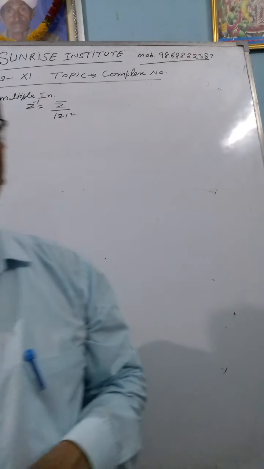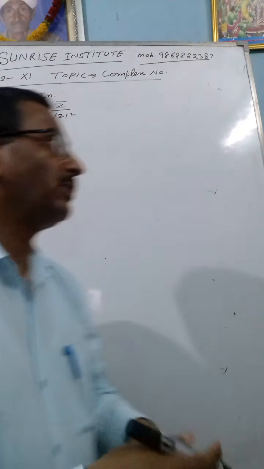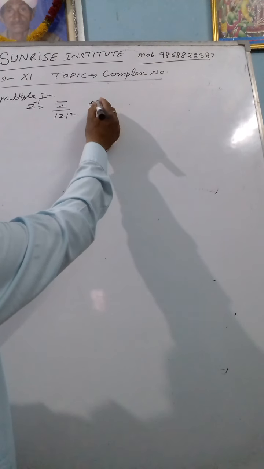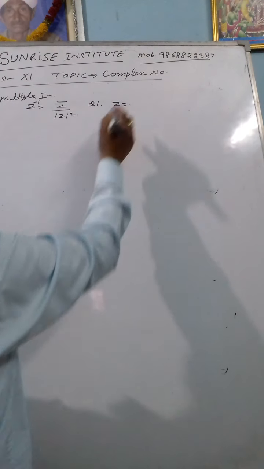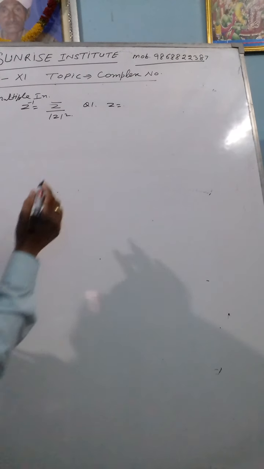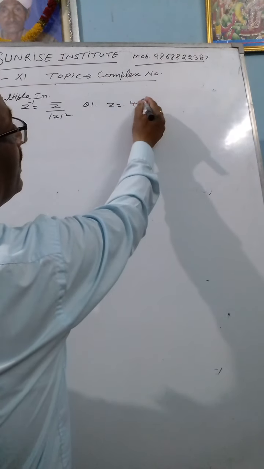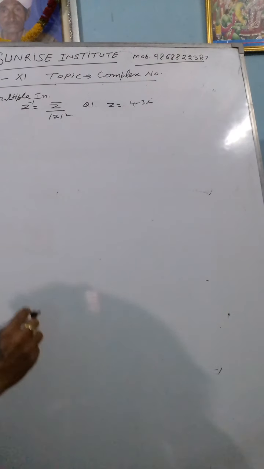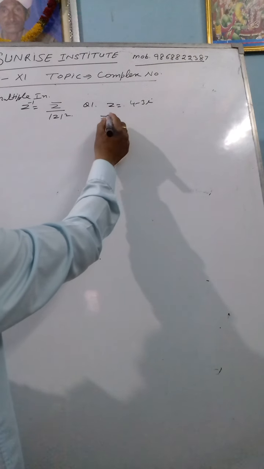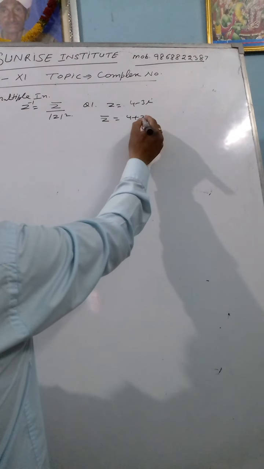Okay students, take an example of the multiplicative inverse where z equals, question first, z equals 4 minus 3 iota. Then the conjugate of z is 4 plus 3 iota.